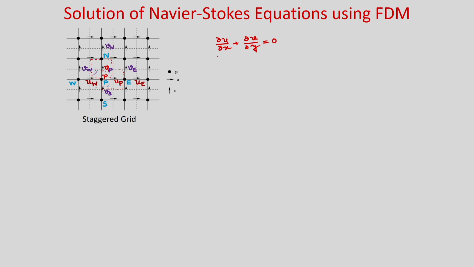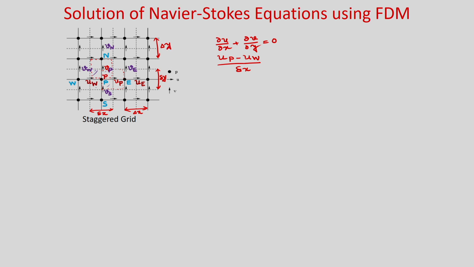So, in the main control volume for the pressure, it is u P minus u w divided by delta x. Okay. So, this is the delta x and this is your delta y, okay, and this is your delta x and this is your delta y.